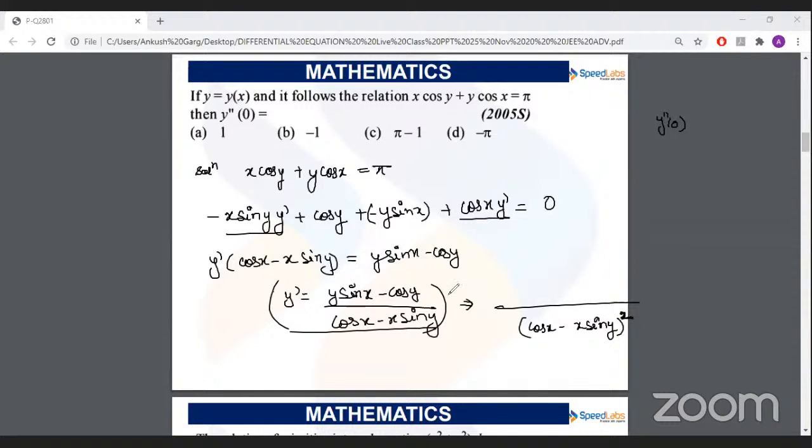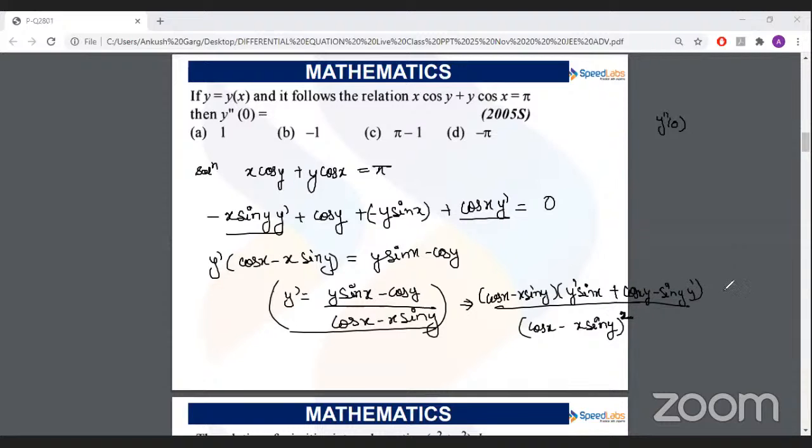Okay, so the denominator is squared, and you'll keep the denominator as constant. Differentiation of the numerator, if you see here, will be y dash sin x plus cos x into y minus sin y y dash.